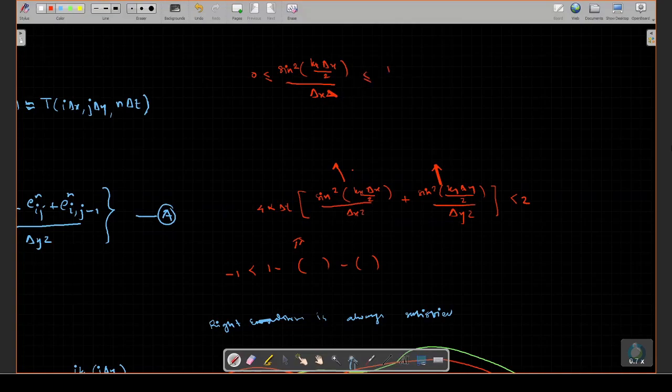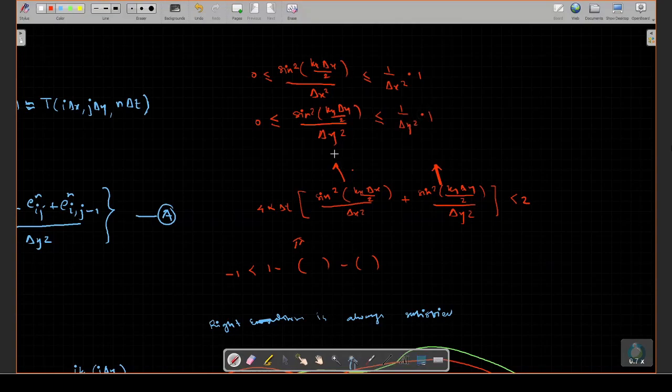And the other condition, similarly, sine square ky delta y by 2 over delta y square, is less than or equal to 1 over delta y square.